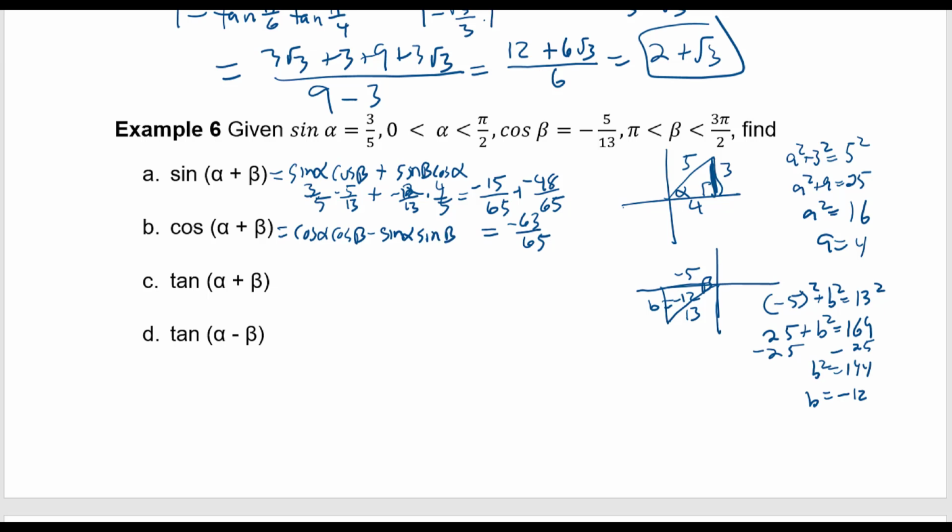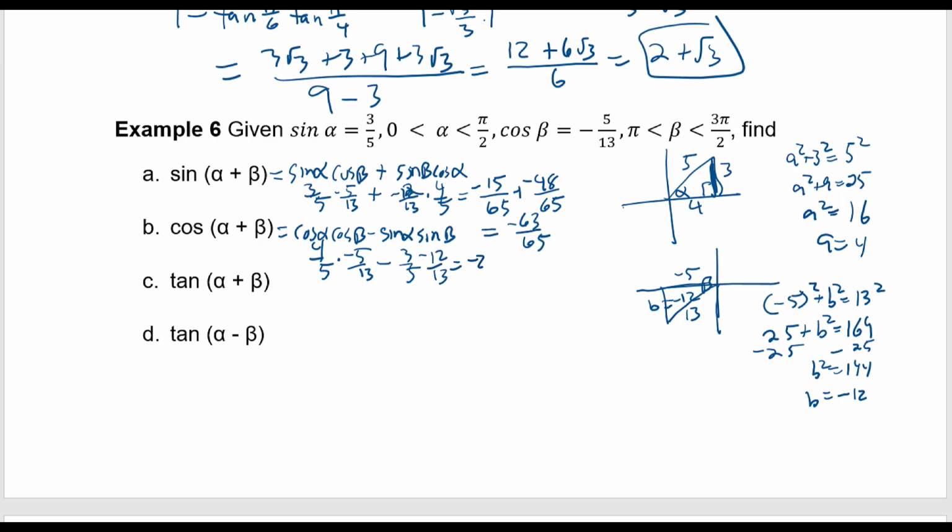And we have these values from above. Cosine alpha, we said, was 4/5. Cosine beta was given to us as negative 5/13. And then minus sine of alpha, which was 3/5. Sine of beta was negative 12/13.